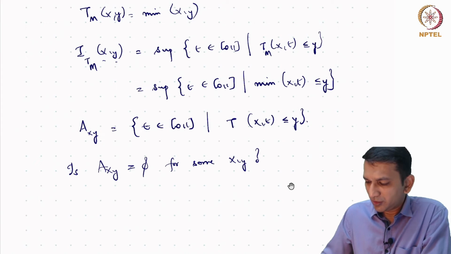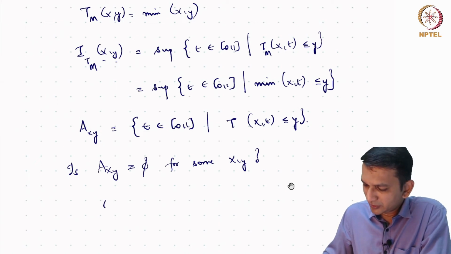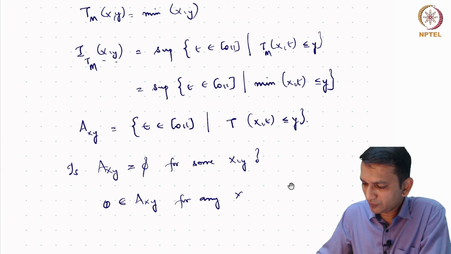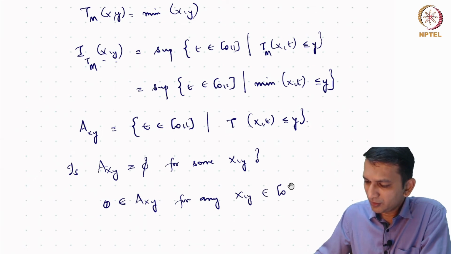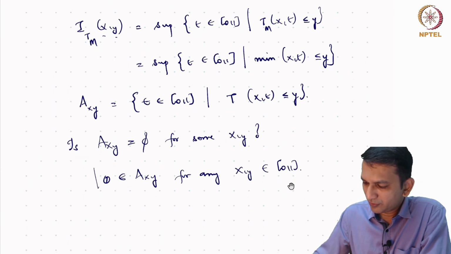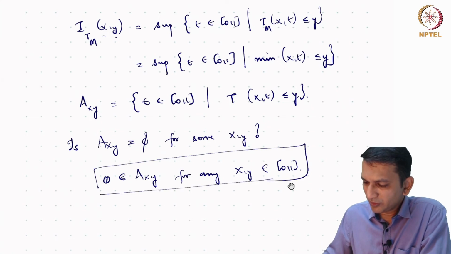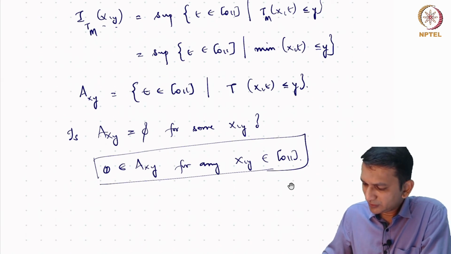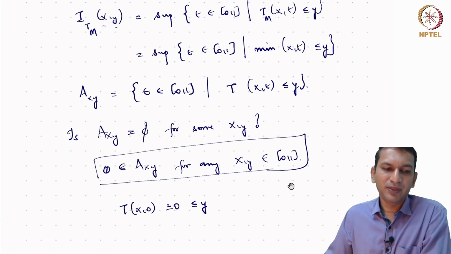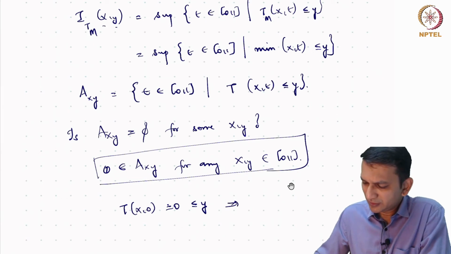Now, this never happens for the simple reason, look at this, 0 will always be an element of A_xy for any x, y element of [0,1]. Why so? Because look at this, T of x comma 0 is equal to 0, which is less than or equal to y for any y, which means 0 always belongs to A_xy.